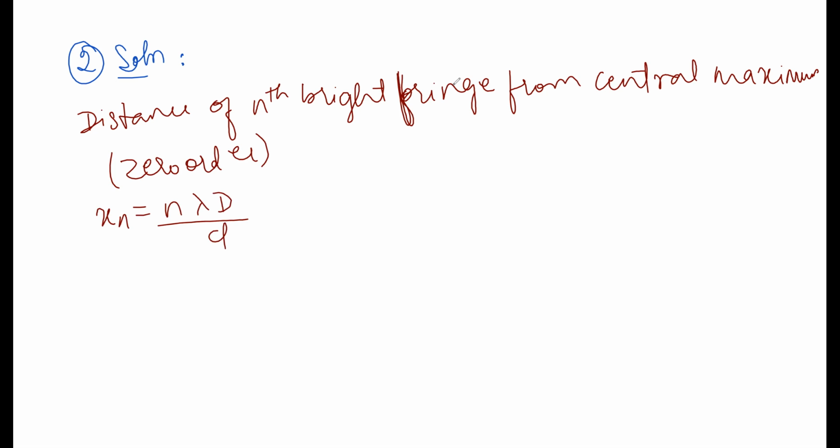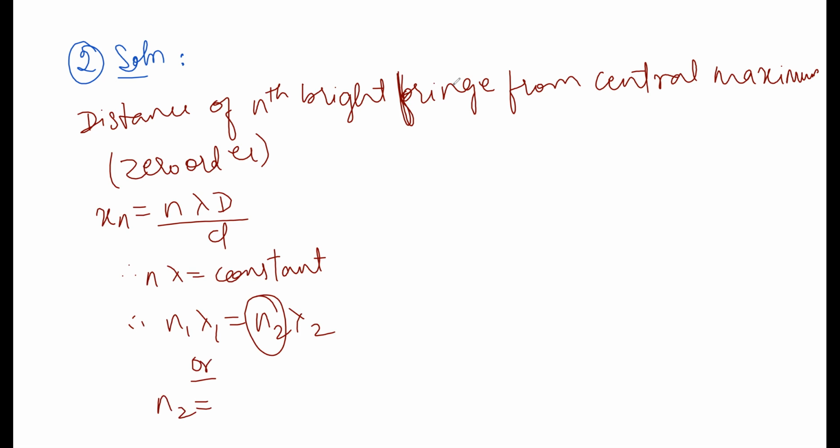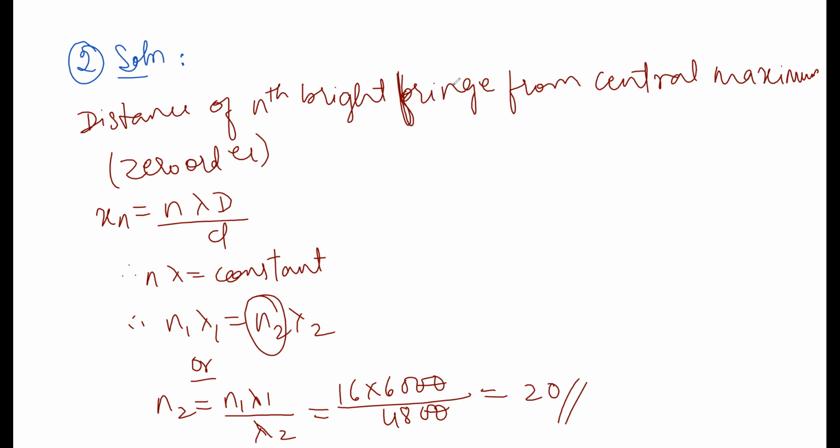So therefore at a given point n lambda is equal to constant. So this is written as n1 lambda 1 is equal to n2 lambda 2. Or you can write n2 is equal to n1 lambda 1 divided by lambda 2. So substitute the value 16 into the lambda 1 value 6000 divided by lambda 2 value 4800. And after simplification, we are getting 20. So this is the solution for the second one.